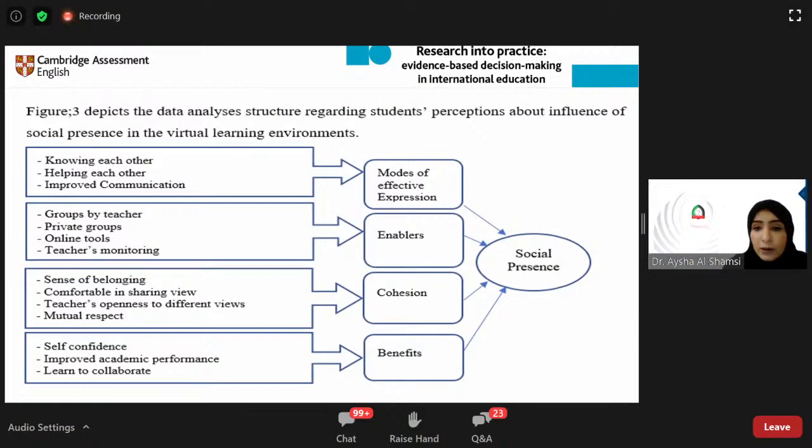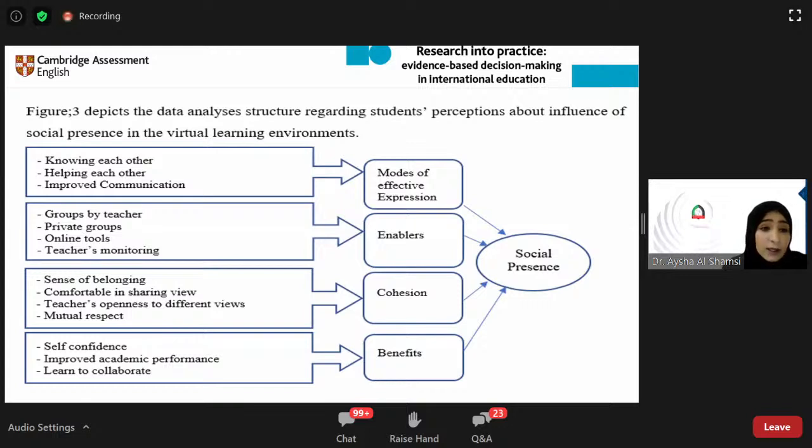Here, when we talk about the social presence that the students reported, the major themes here, like the modes of affective expressions, like the students at that time needed to know each other.